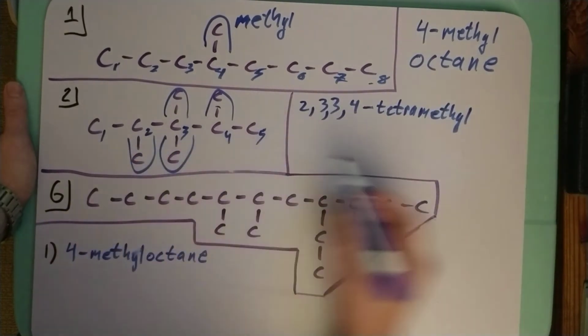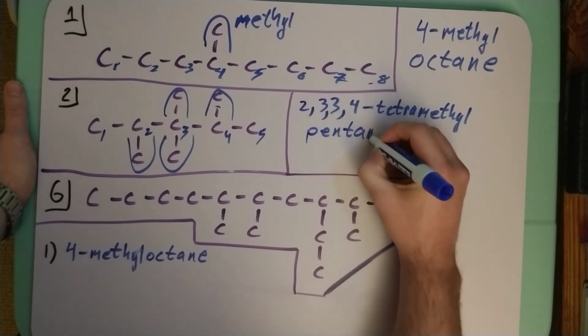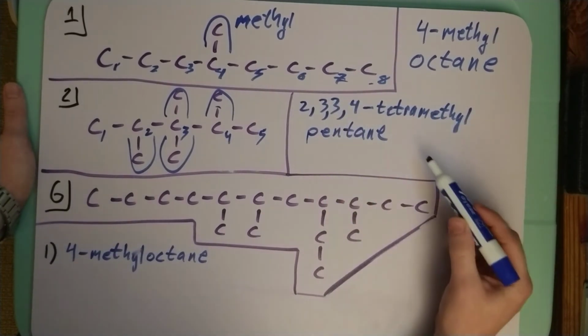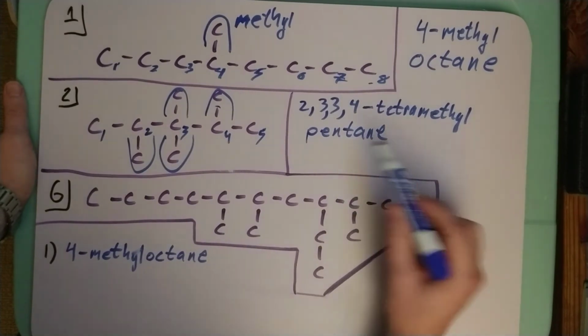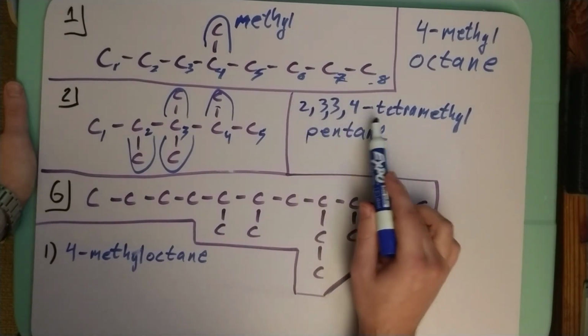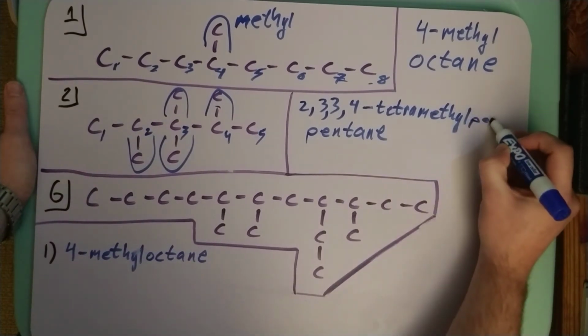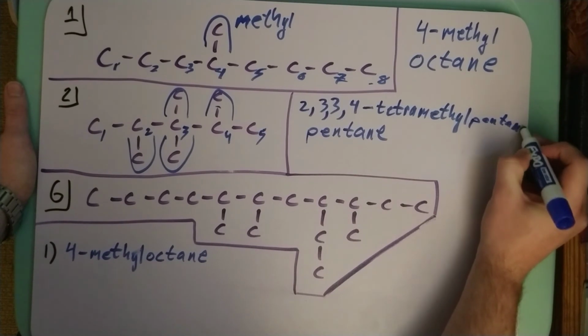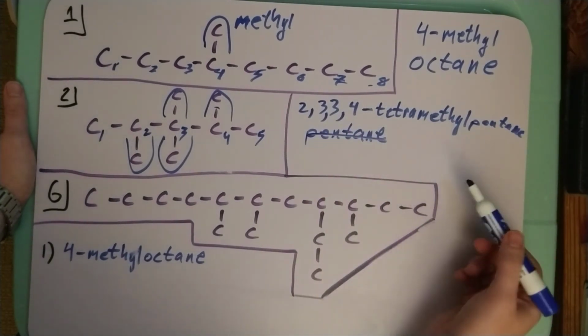And then the parent is pentane. So our final name would be 2,3,3,4-tetramethylpentane. Except the pentane should, I guess I should put this here. And there you have it.